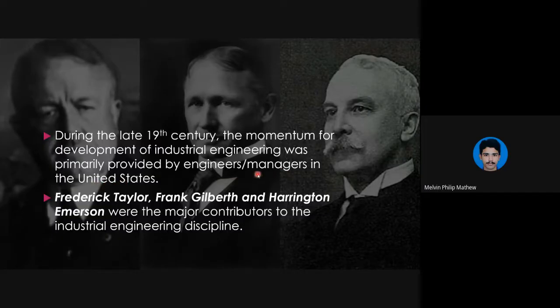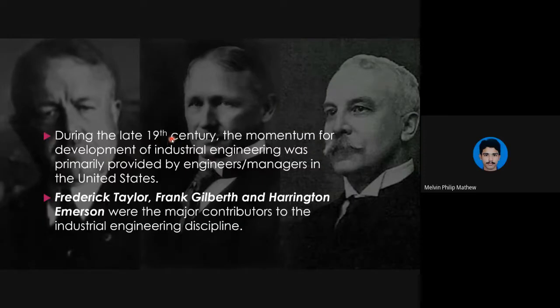So engineers and managers under various specializations, basically civil and mechanical engineering, came up during the late 19th century, and they took charge of various industries and became promoters in the 19th century, basically in the United States, and this then led to a huge leap in the development of industrial engineering.